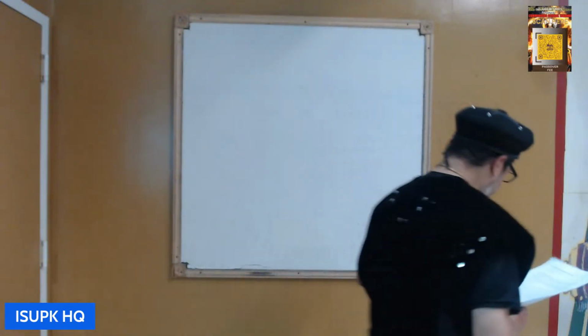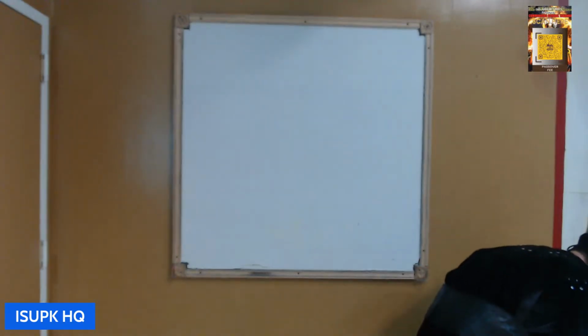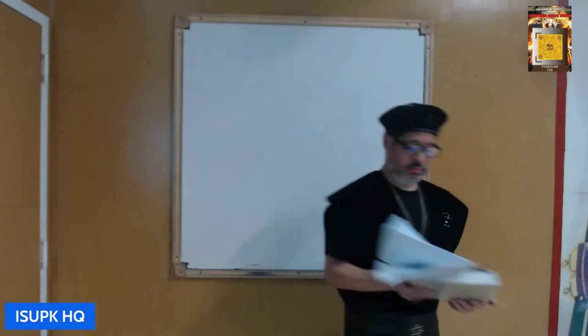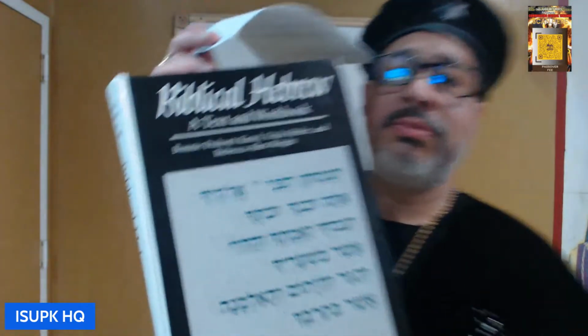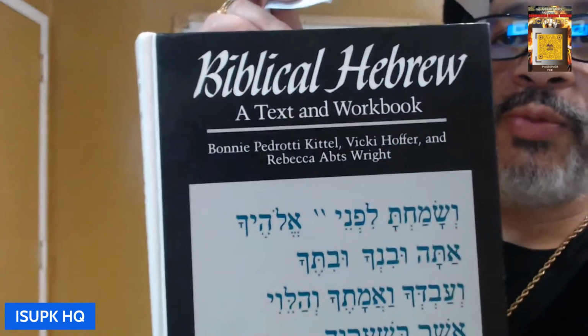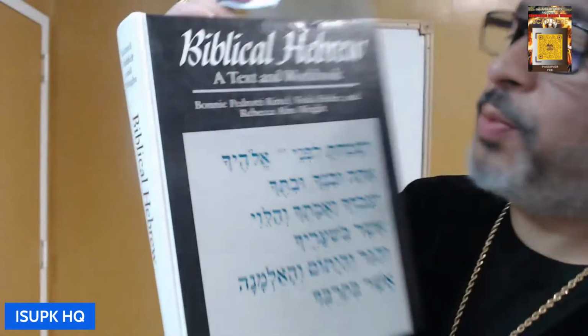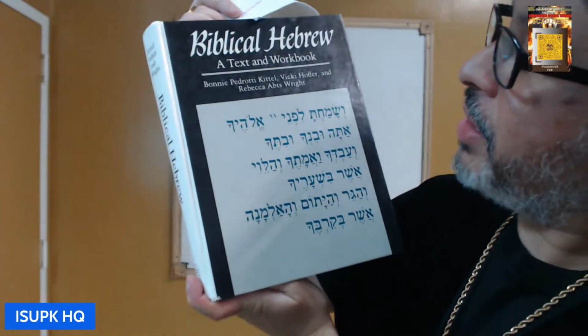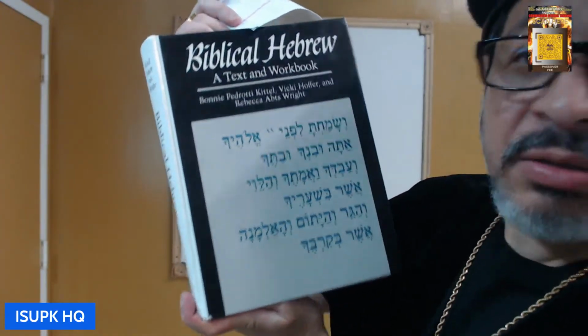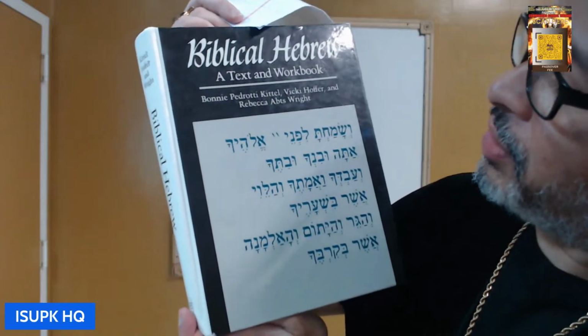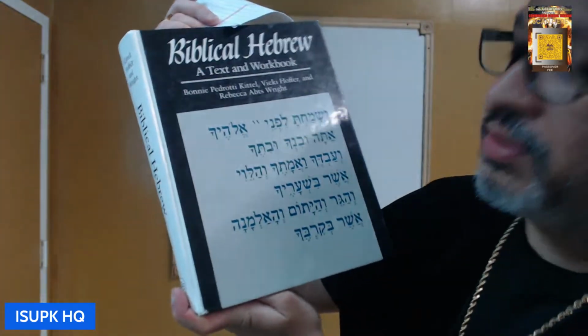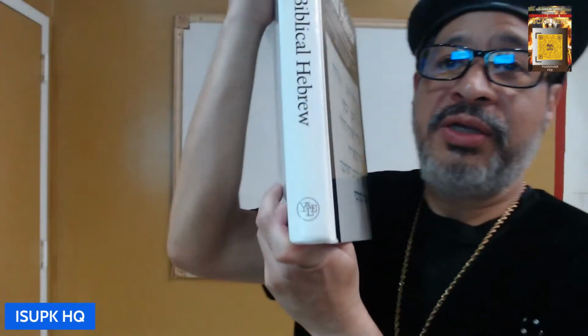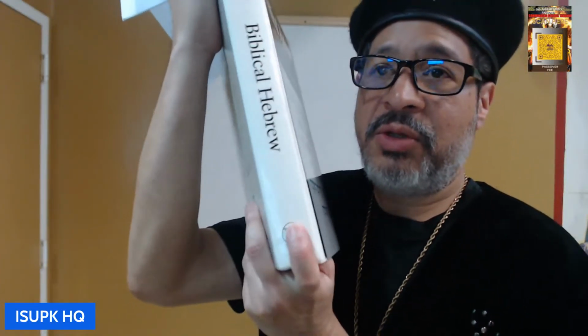And what I'm going to show you now is this book here, Biblical Hebrew, a text and workbook by Bonnie Pedrati Cattell, Vicky Hoffer, and Rebecca Apps Wright. Now, this book is from Yale University. Okay, so we're not just making this up.